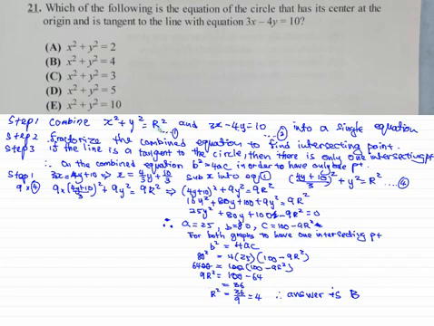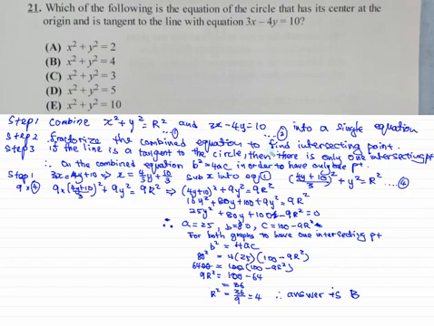This is the circle, r squared, which is the square of the radius, which we do not know yet. We leave it as r squared. This one is the line. In order to find the intersecting point, we have to merge these two equations into a single equation.